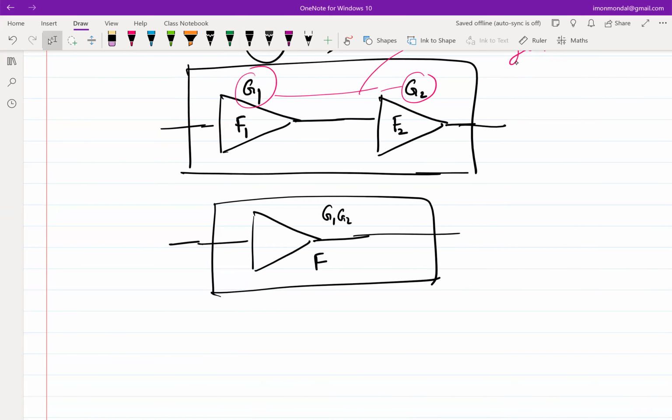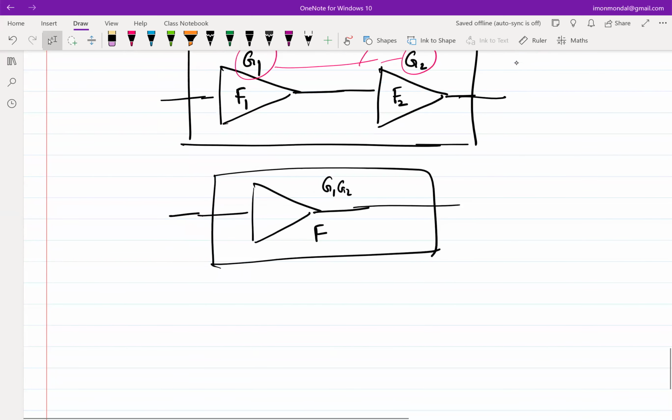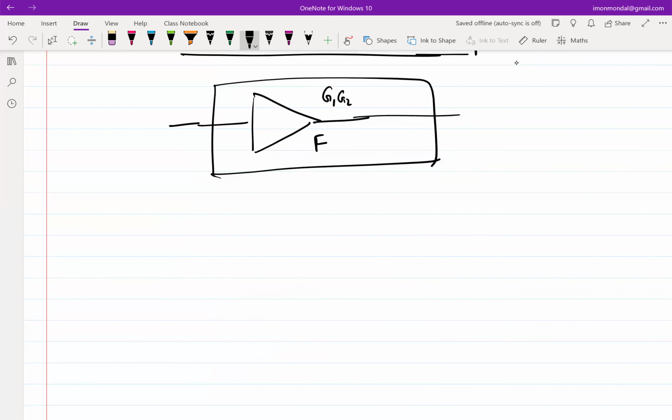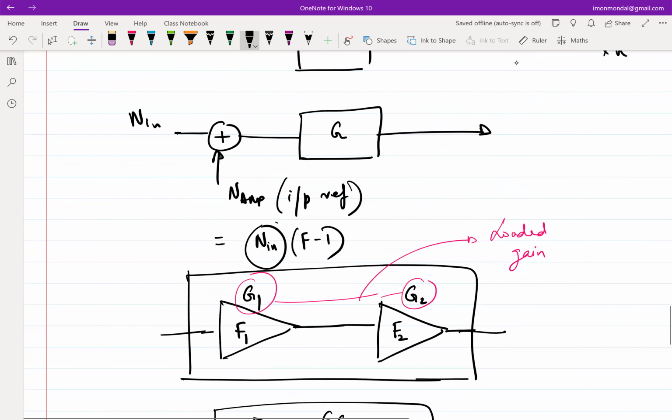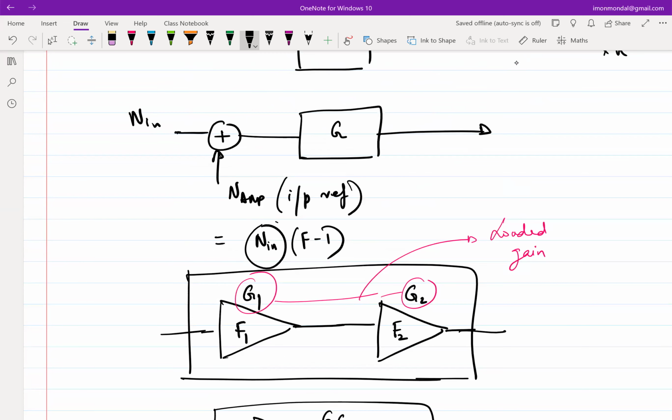Okay, so now what will I do? I will basically replace these amps, with F1, F2 and everything, with their noise models. And what will be the noise that I am going to write here? If you go back to the definition, this noise is Nin times F minus 1, where Nin is a reference source, not the source that it is getting driven by.